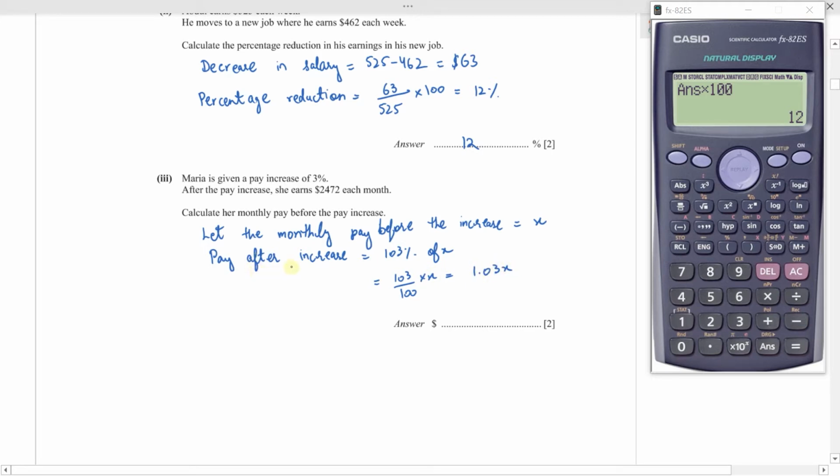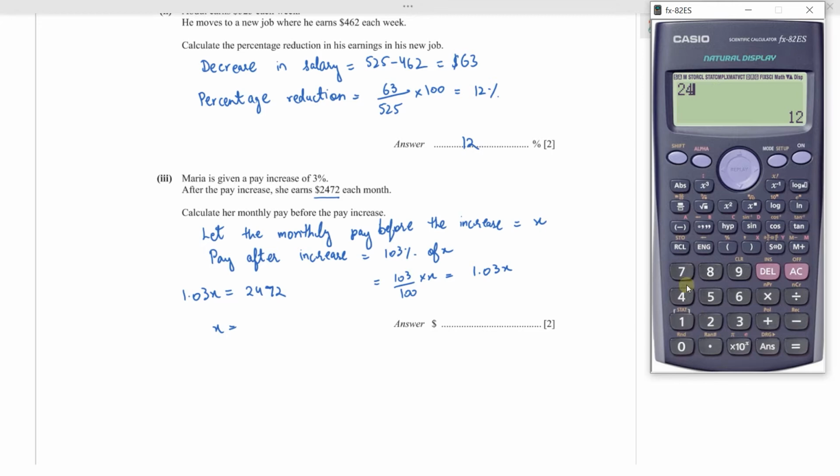So this is the salary after the increase, and we know that this salary is $2,472. So 1.03X will equal 2,472. So X will be 2,472 divided by 1.03. So this is 2,400. So X is the monthly pay before this increase. So that's what we need to calculate. So your answer here will be $2,400.